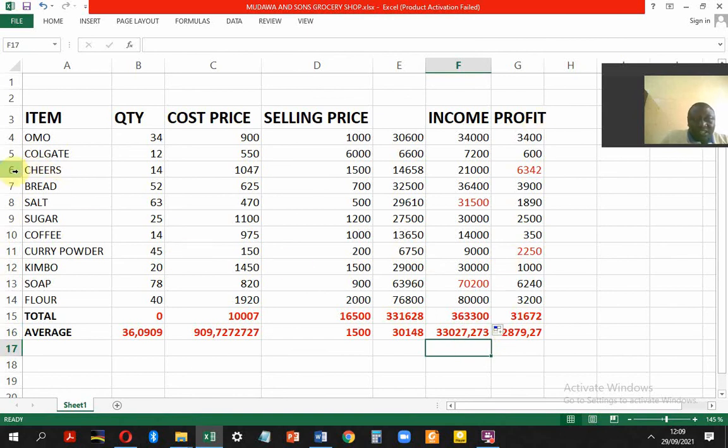This is shares, so these are the profits. So the formula is here. We said this one minus this to give us this income.